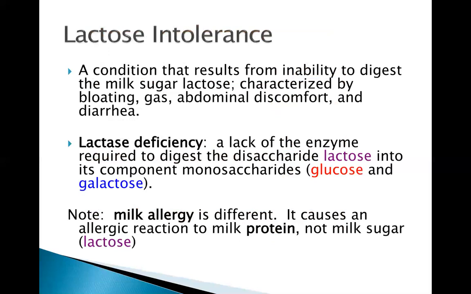Lactose intolerance. So we discussed that disaccharides are broken down into monosaccharides in the small intestine by enzymes secreted into the small intestine. And one of those disaccharides is lactose, and lactose is made of a glucose and galactose. However, it's possible that people don't produce enough of the enzyme needed to break that lactose down.